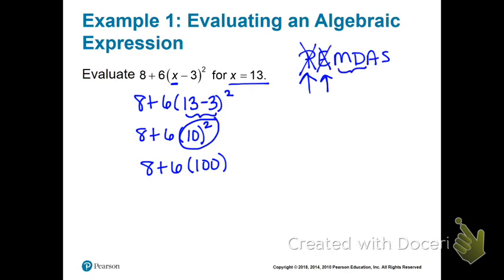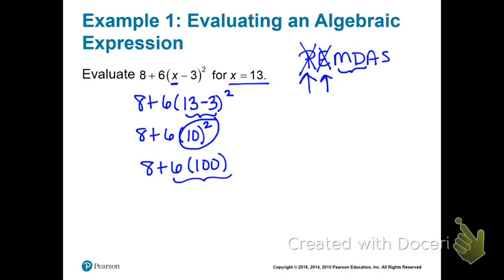Now be careful here because multiplication and division are on the same level, okay? So this is where they'll get you, because when they're on the same level, you work it from left to right. This problem only has multiplication, so it's not a big deal. But if it had multiplication and division, you have to start working from the left and go to the right.